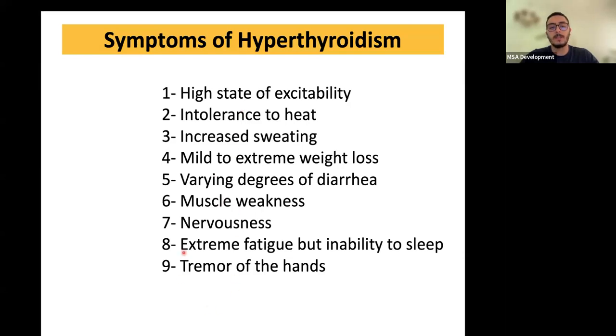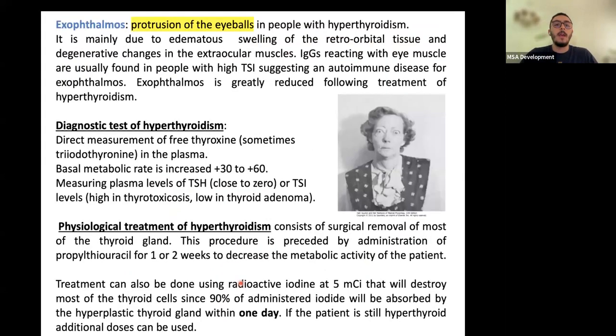You know all of these just by understanding the normal function of the thyroid hormone. Weight loss, varying degrees of diarrhea, muscle weakness, nervousness, extreme fatigue but inability to sleep, tremor of the hands. And this basically mimics the symptoms of increased sympathetic activity.